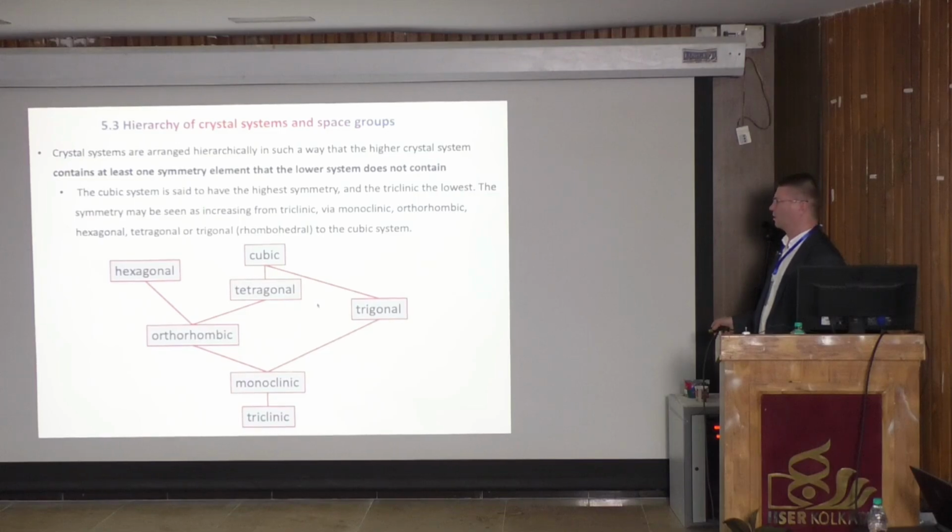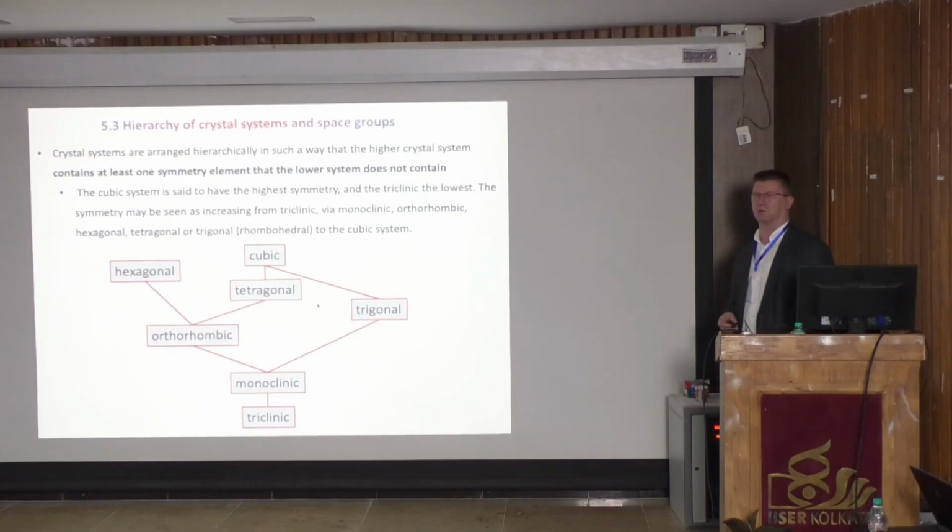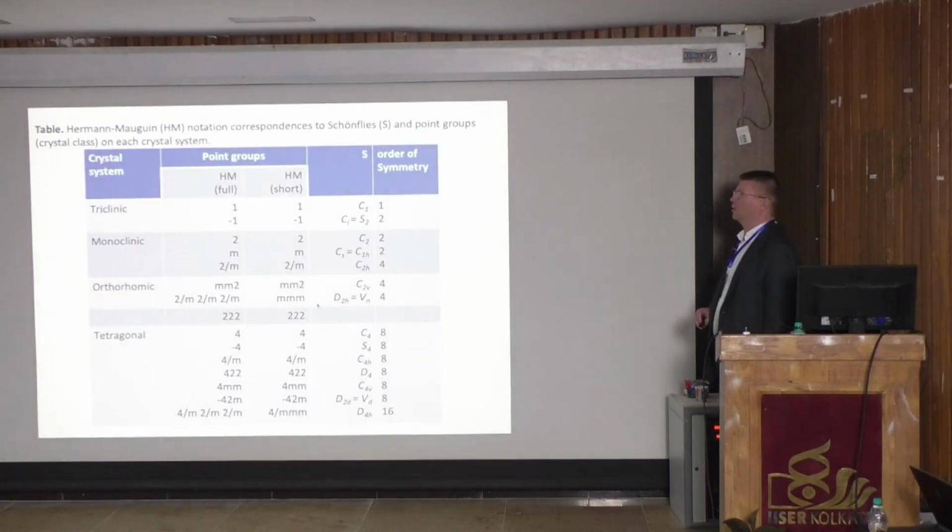But now in the monoclinic system, we can have, for example, a screw axis, which cannot be in a triclinic system. So that's the idea. But luckily they are all coined, calculated 100 years ago and tabulated, and now you can find these things in the computer programs.